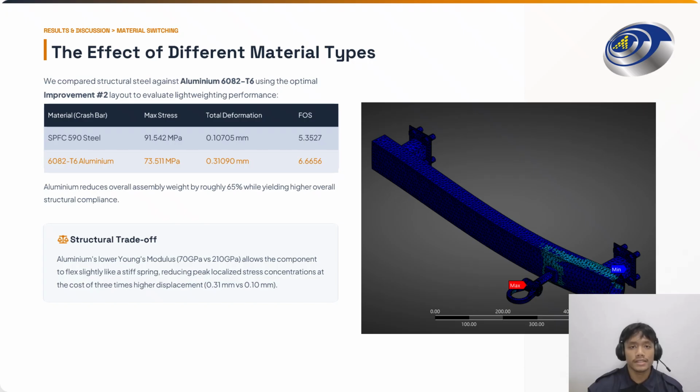This flexibility successfully reduced peak localized stress to 73.5 megapascals, but it results in 3 times higher total displacement compared to steel. Ultimately, this trade-off maximizes our factor of safety to an impressive 6.6656.